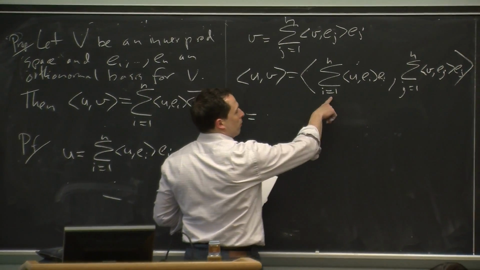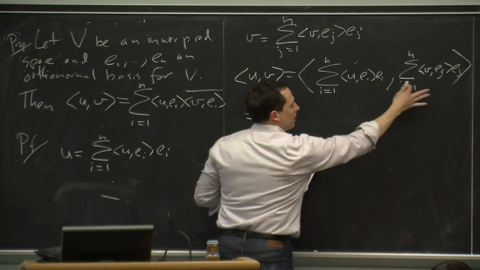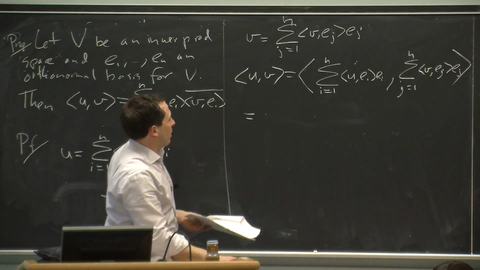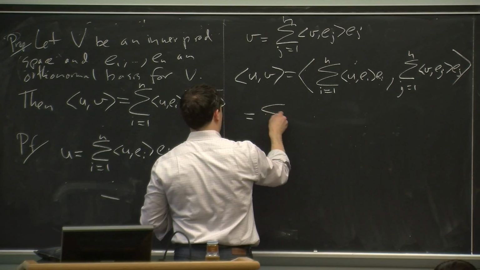And now if n was equal to 2, and I broke this out using the additivity in both slots, I would get a 4-term expression. And for an arbitrary n, I get an n squared term expression by expanding it.